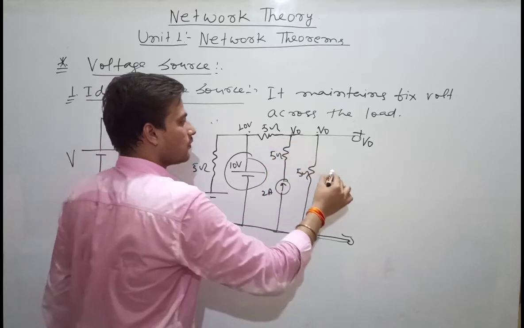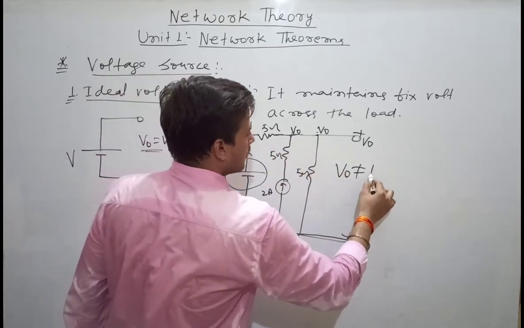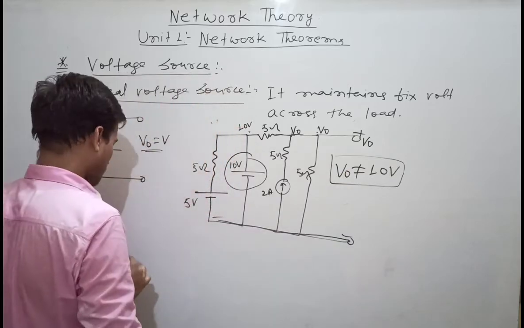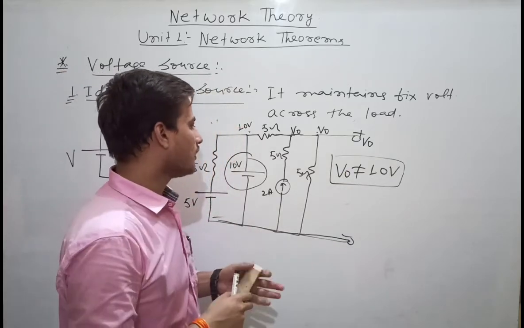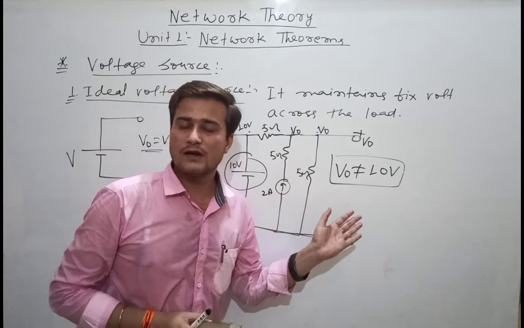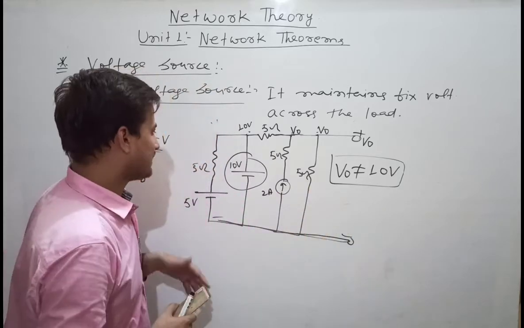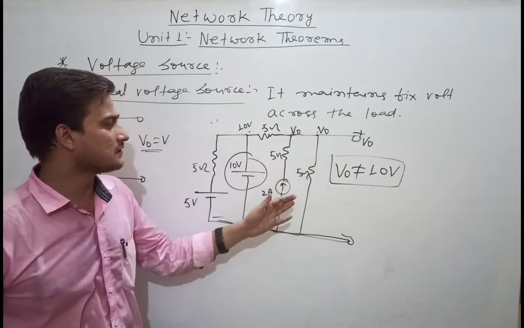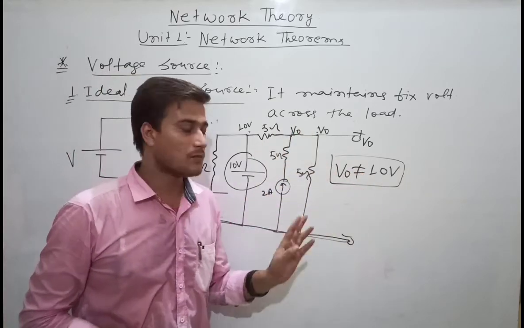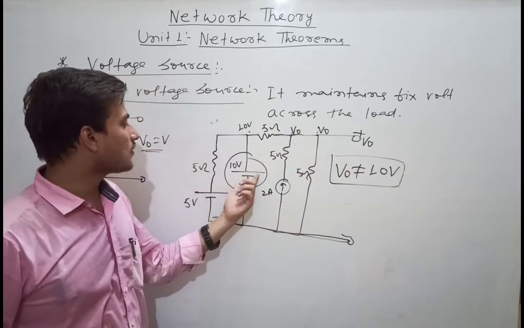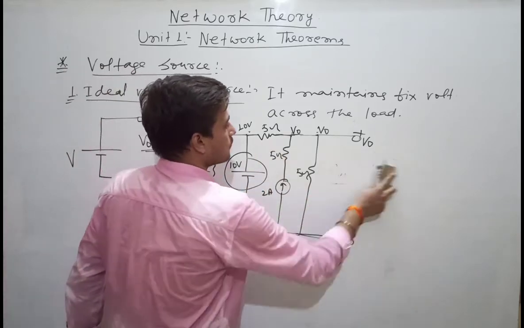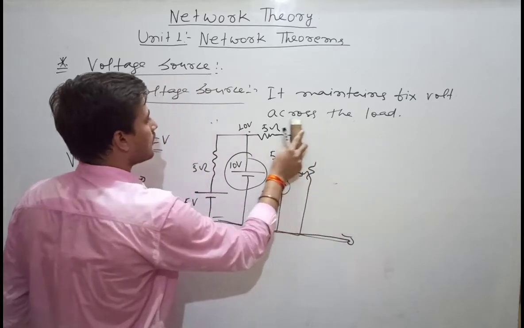So V0 will not be equal to 10 volt. You will have to do the numerical calculation for calculating the value of V0, and sometimes it may be possible that with some different conditions the value comes to 10 volt, but because of this it will not be 10 volt. Clear?